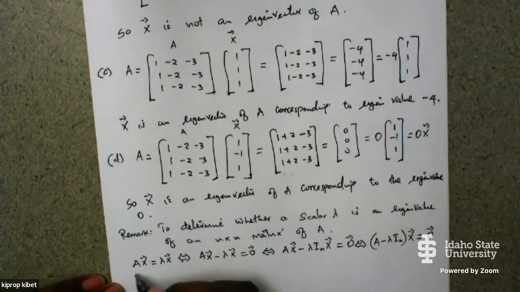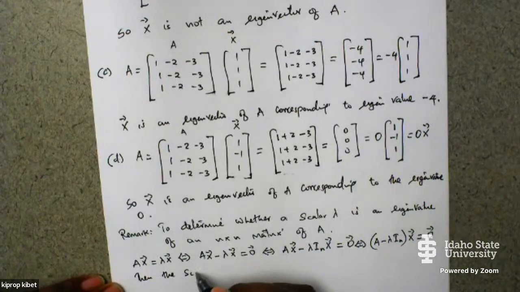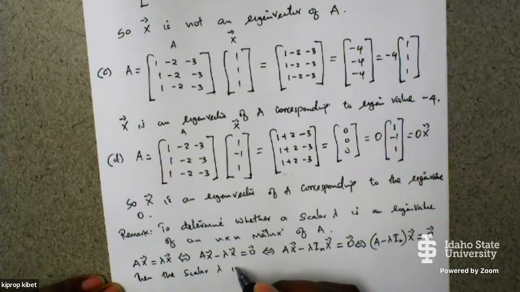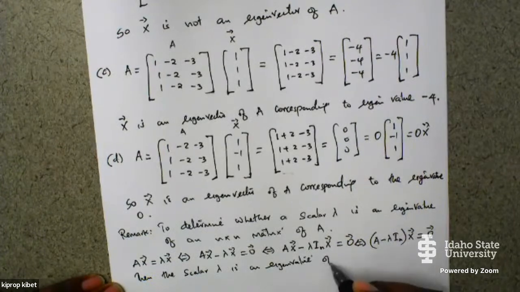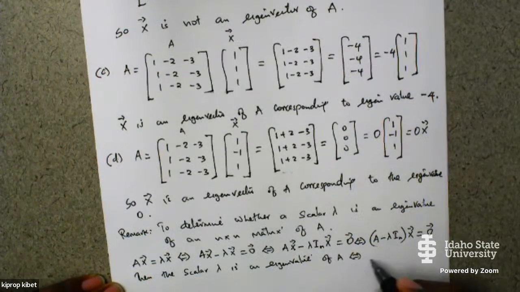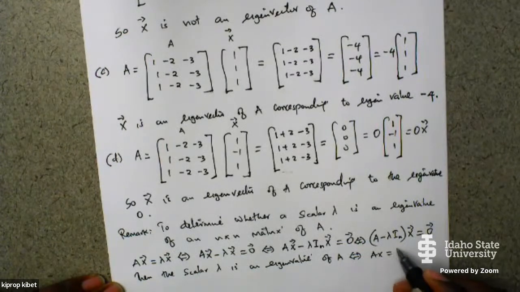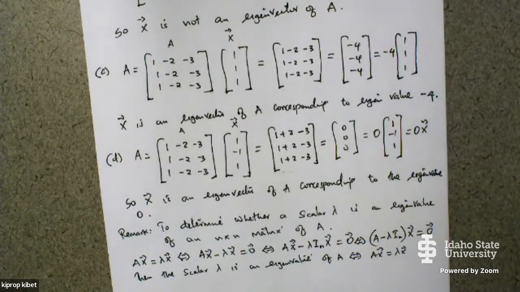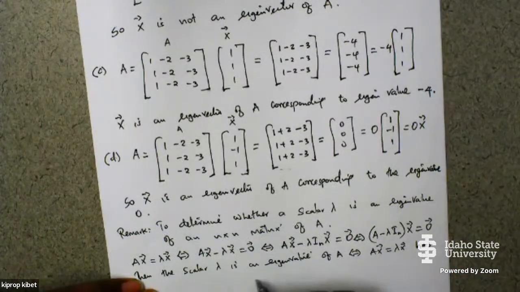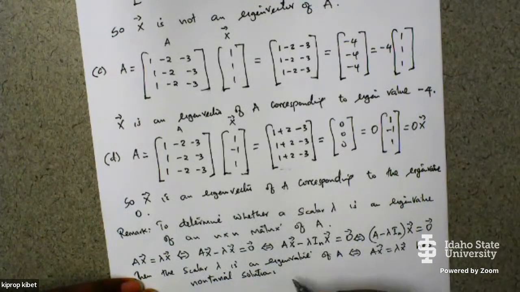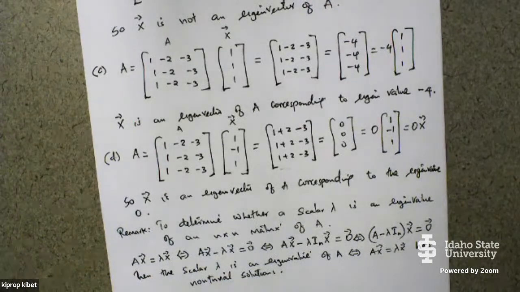Then, therefore, the scalar lambda is an eigenvalue of A if and only if AX equals lambda x has non-trivial solutions.